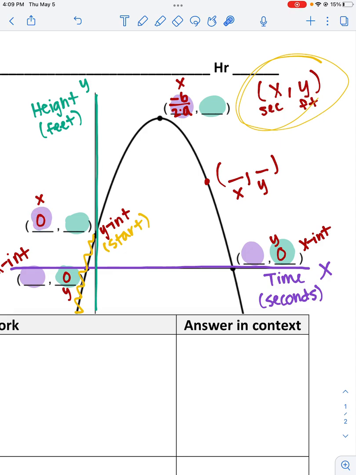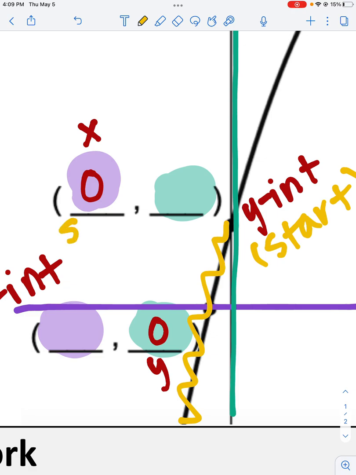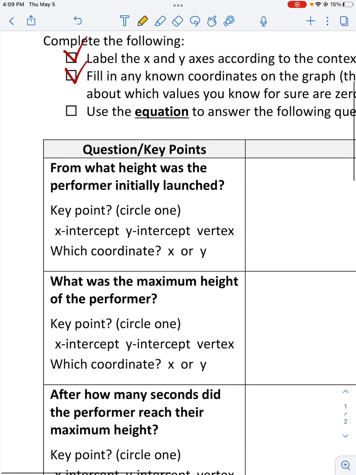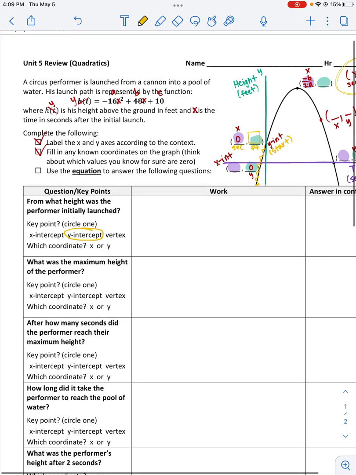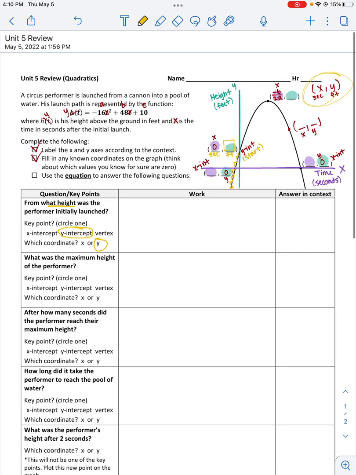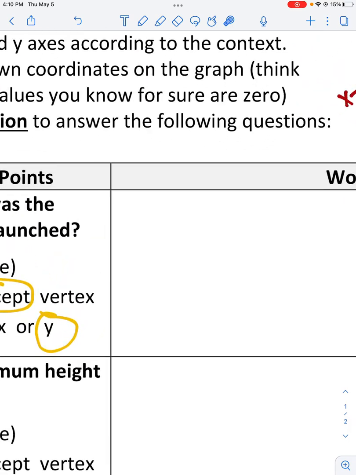So this is saying at 0 seconds, we're trying to figure out how many feet. For this question, we are going to be using the y-intercept, and the y is going to tell us the height that we're being launched at. We said that we can always use the equation if we know a value to find the missing value. I know that I have 0 here, and I'm trying to find y.